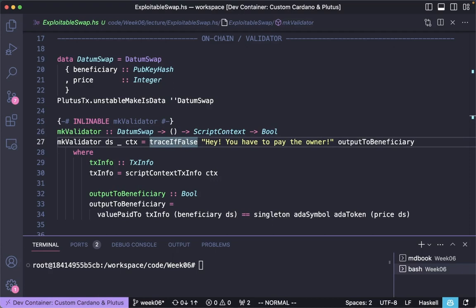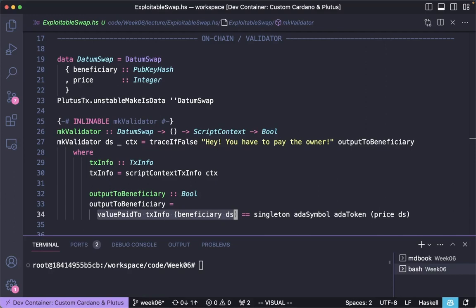And then the only check we do is to make sure that when someone consumes this output, there has to be another output to you, the beneficiary, with the price in the datum. How do we make this check? Well, we first get the value paid to the beneficiary that is inside the datum.